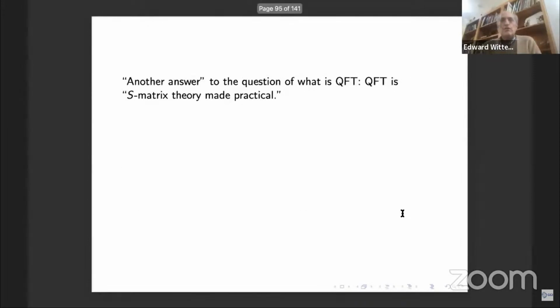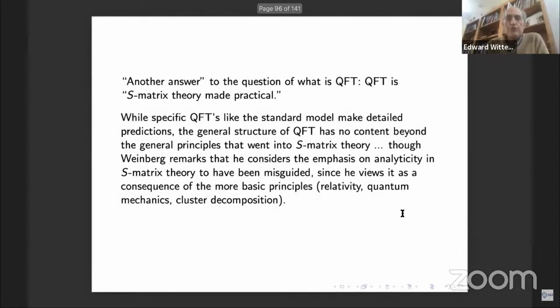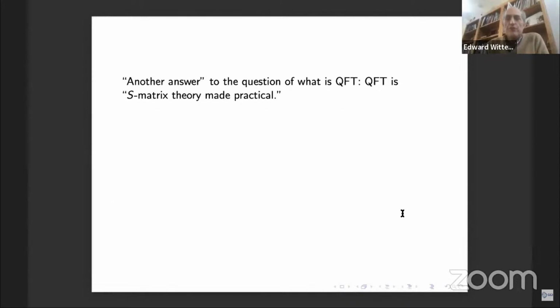So Steve goes on to address the relation of quantum field theory to S-matrix theory. Quantum field theory had had difficulty in the late 50s and early 60s. Some physicists had said, well, maybe field theory is wrong and the fundamental principle is just relativistic S-matrix theory. Steve had always viewed S-matrix theory as impractical.